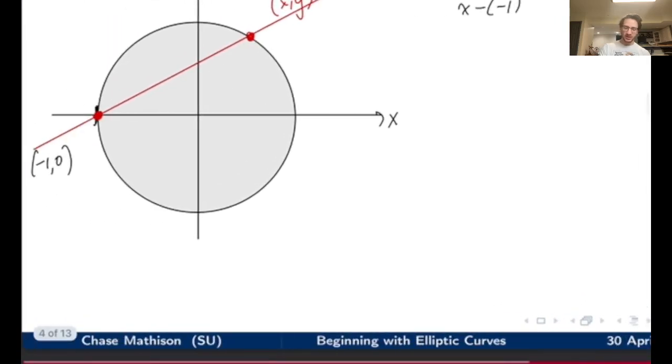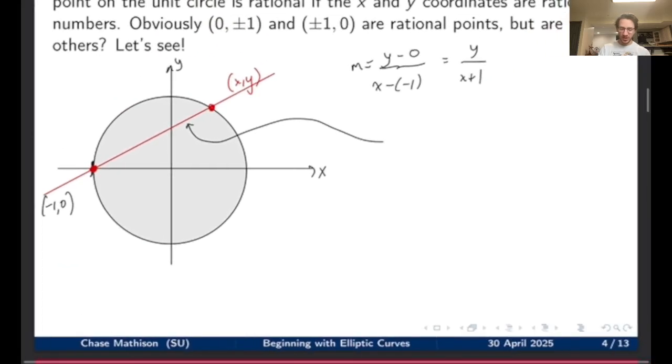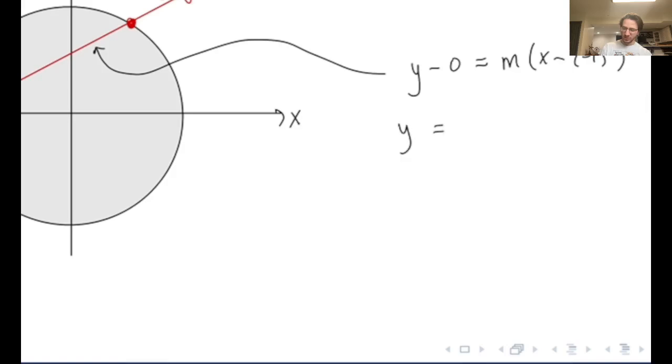Let's write down the equation of this line, and let's assume that the slope of this line is rational. The equation of this line is y minus 0 equals slope times x minus -1, which tells me y equals m times (x plus 1).